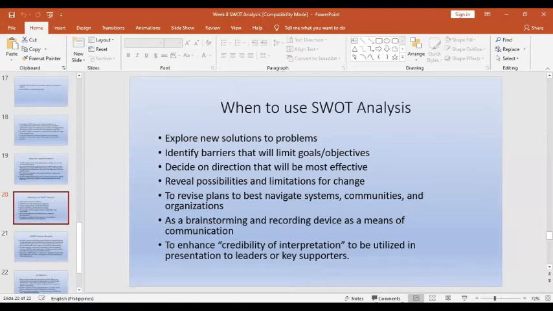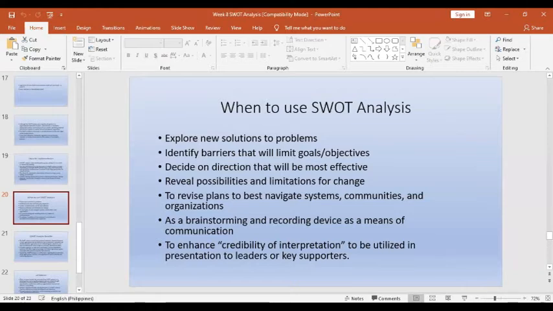And the SWOT analysis reveals the possibilities and limitations for a change. It will also help to revise the plans in order to navigate the systems, communities, and organizations. Because as I've said earlier, the plans should have an alternative and be flexible to adapt to changes.